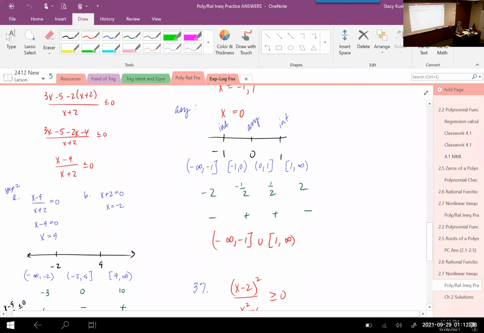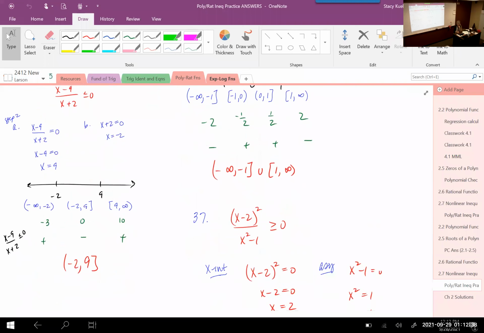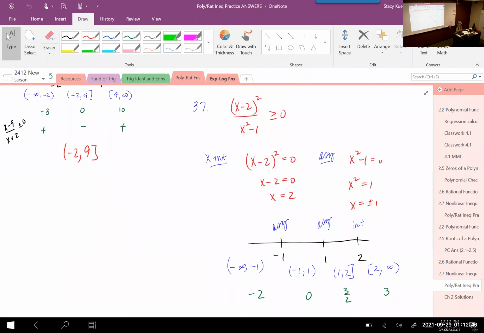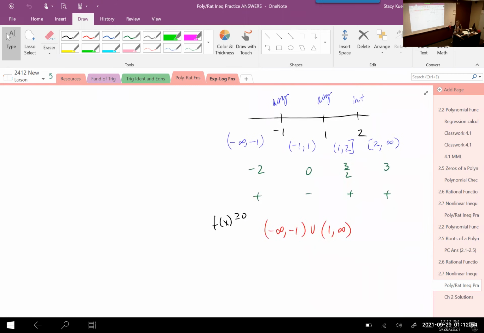And that solution set would be -2 to 9. 37, which we have here, has a solution set of -infinity to -1, union 1 to infinity.